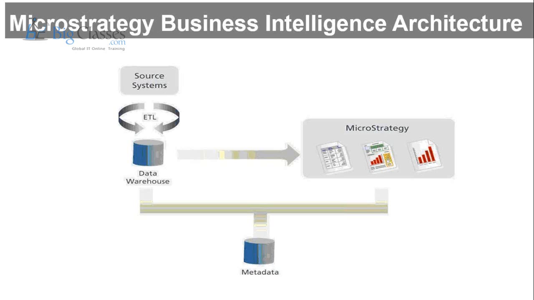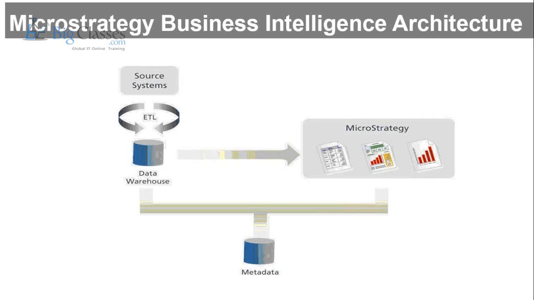So we have the source system, the ETL, and the data warehouse. Once your data is residing in the data warehouse, any BI tool, whether Cognos, MicroStrategy or any other, fetches the data from the data warehouse and displays it in the format of a report or a dashboard as per your design.